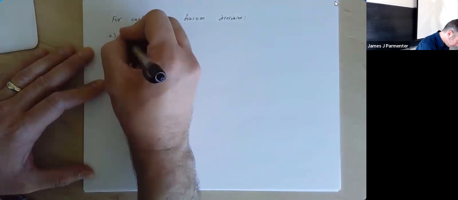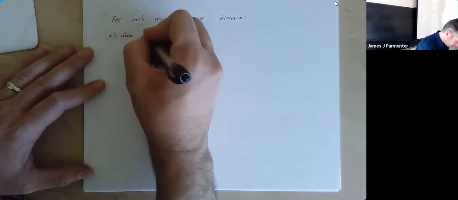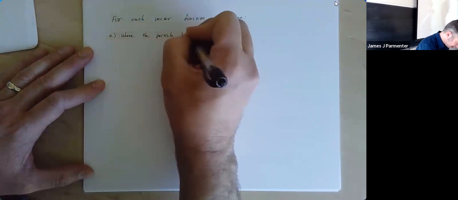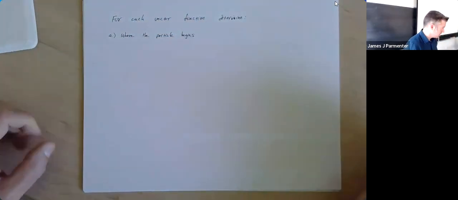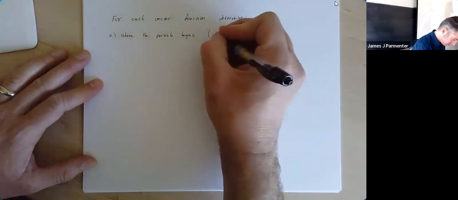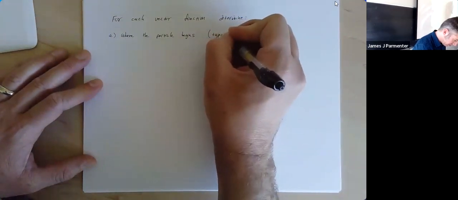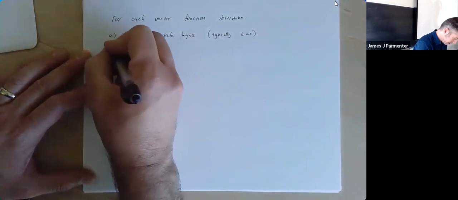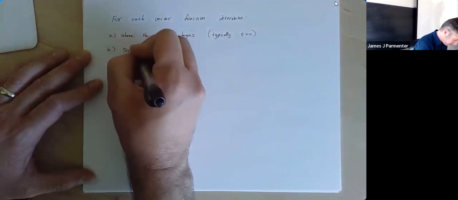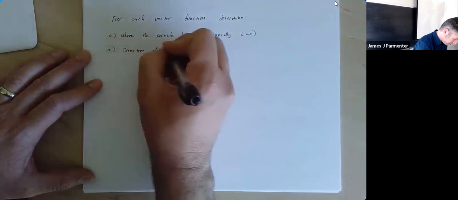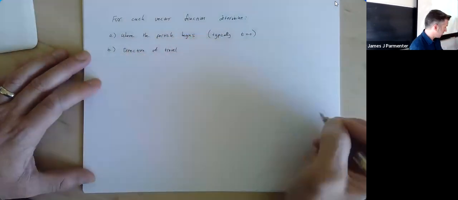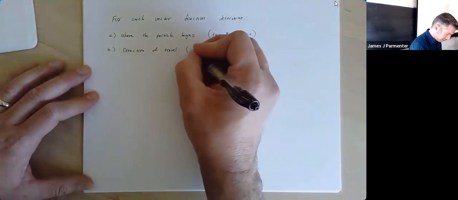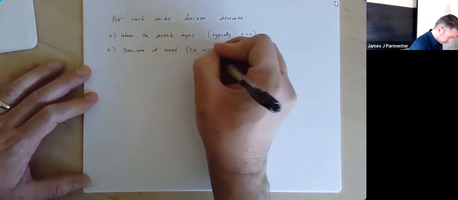A, where the particle begins, meaning its initial point at time equals 0. And then its direction of travel. Sometimes this makes more sense than others, but specifically for circular things, we typically talk about it being either clockwise or counterclockwise.